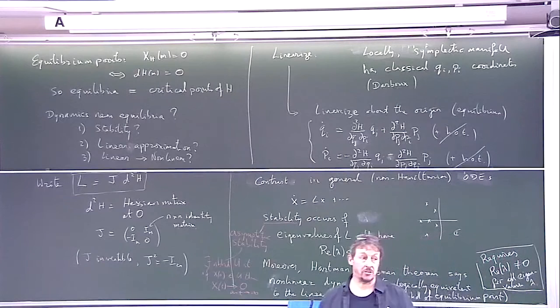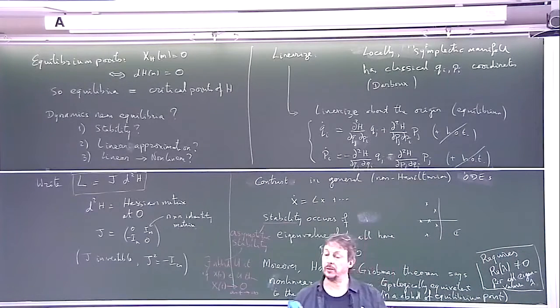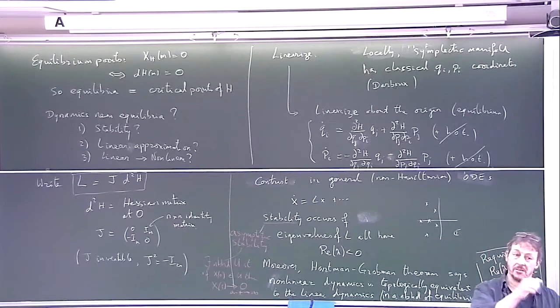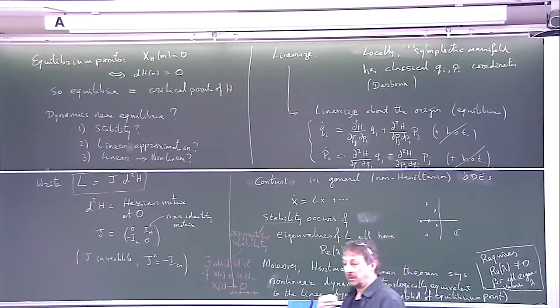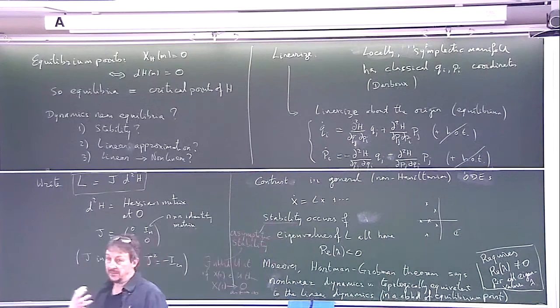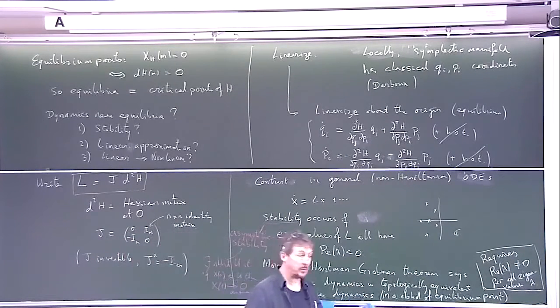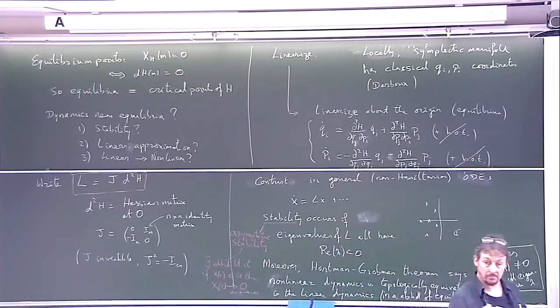Hamiltonian systems are not always time-reversible, so the dynamics in the past is not necessarily the same as the dynamics in the future, but there's a lot of similarity, and certainly in all the cases of kinetic energy, potential energy type systems, mechanical systems, they are time-reversible.